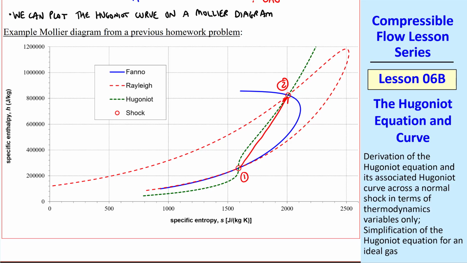But as we see, the Fano and the Rayleigh and the Hugoniot curves all intersect at 1 and 2, state 1 being upstream of the shock and state 2 being downstream of the shock.